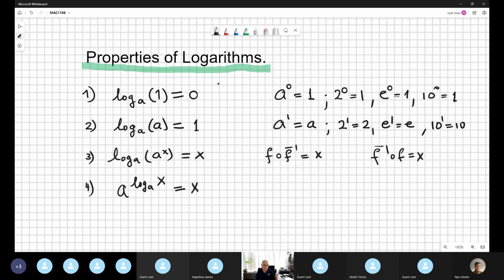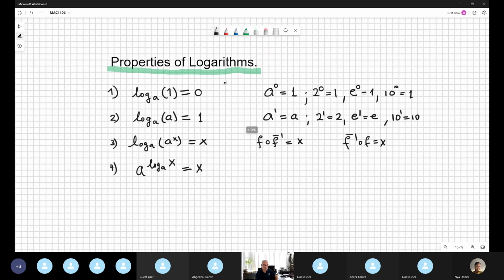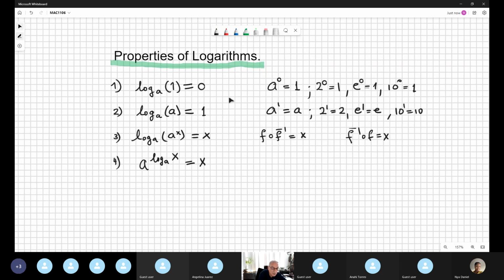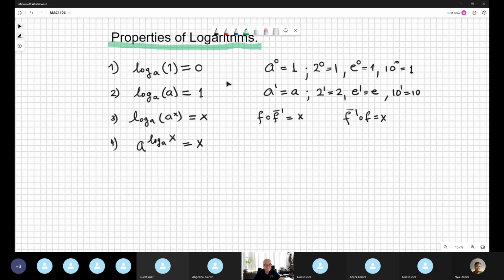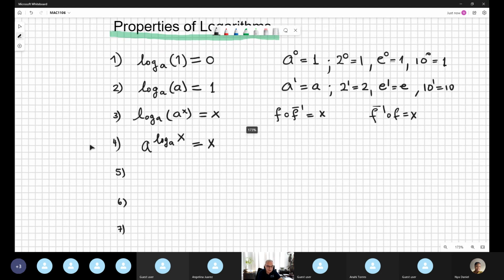Okay, now the next properties are super important. In my opinion, they are the most important: property 5, property 6, and property 7. Let me try to explain. Property 5 says you have a logarithm. Oh, not several, only one.